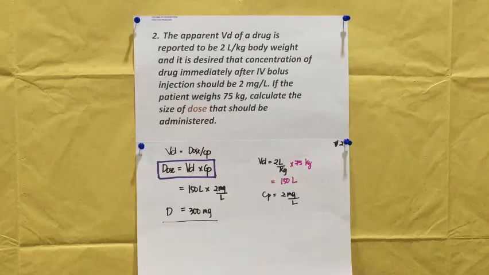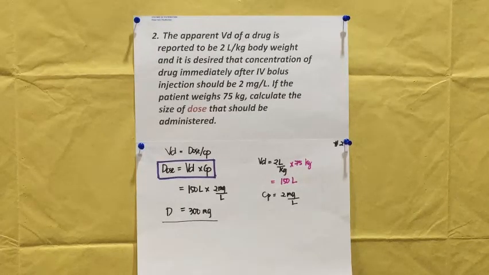Problem number 2. The apparent volume of distribution of a drug is reported to be 2 liters per kilogram body weight, and it is desired that concentration of drug immediately after intravenous bolus injection should be 2 milligrams per liter.